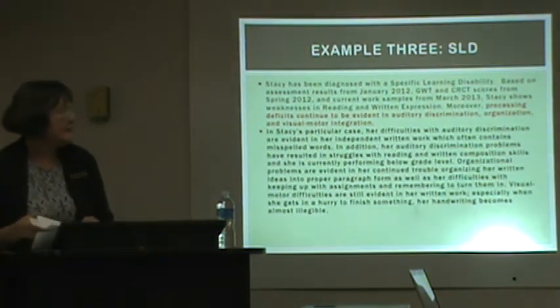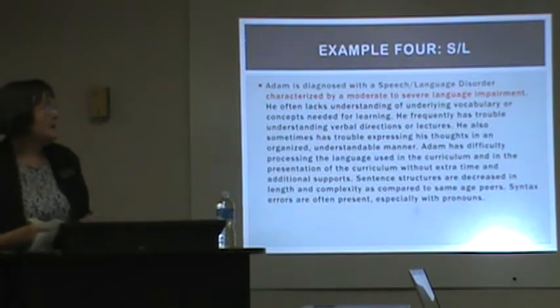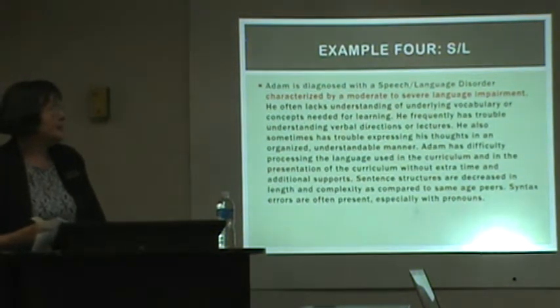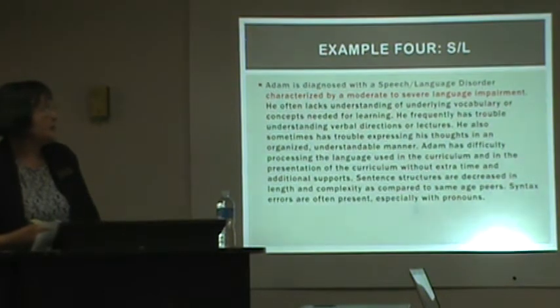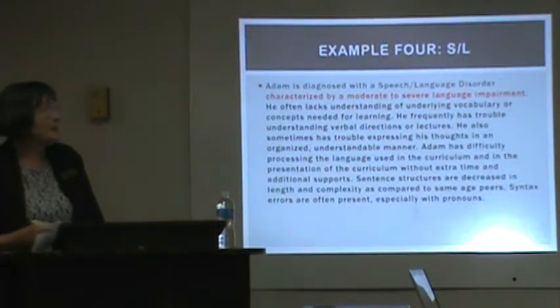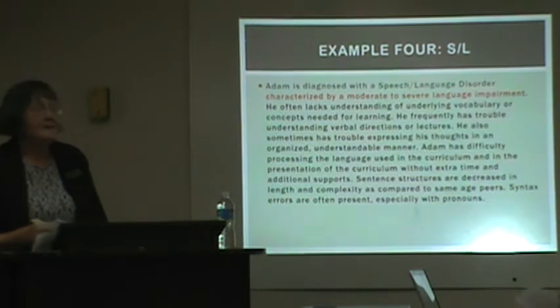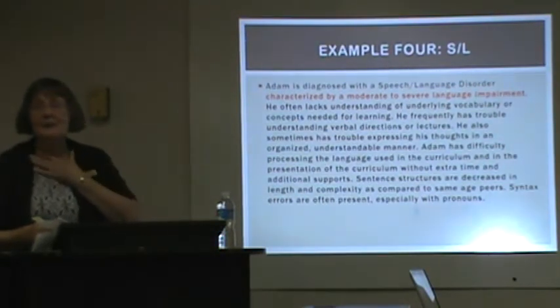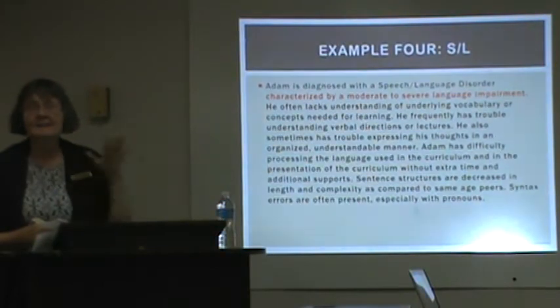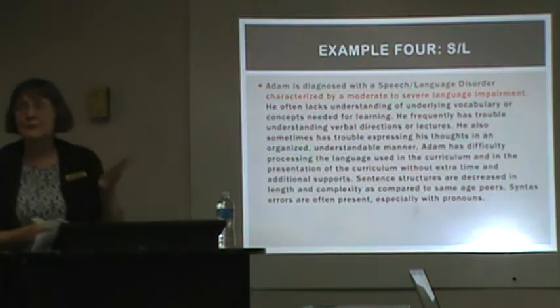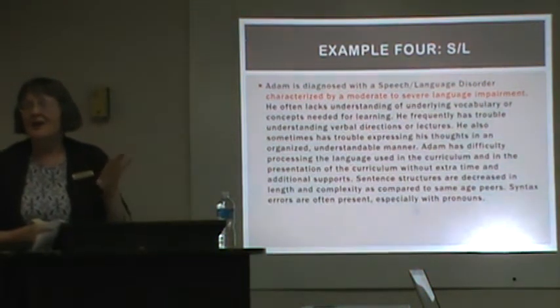Okay, so, example 4, speech language. Adam's diagnosed with a speech language disorder characterized by a moderate to severe language impairment. Now, I'm not a speech pathologist, and I don't claim to be, so I didn't know what to put about morphology and phonology and all that stuff.